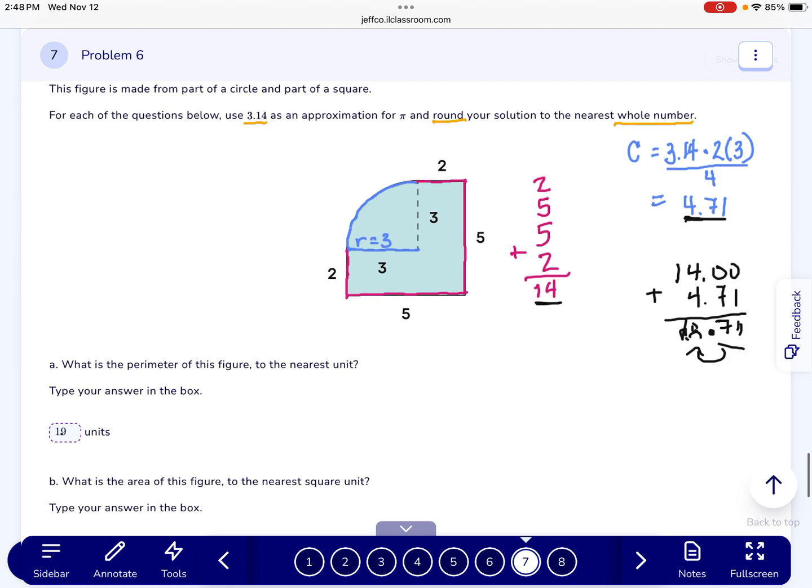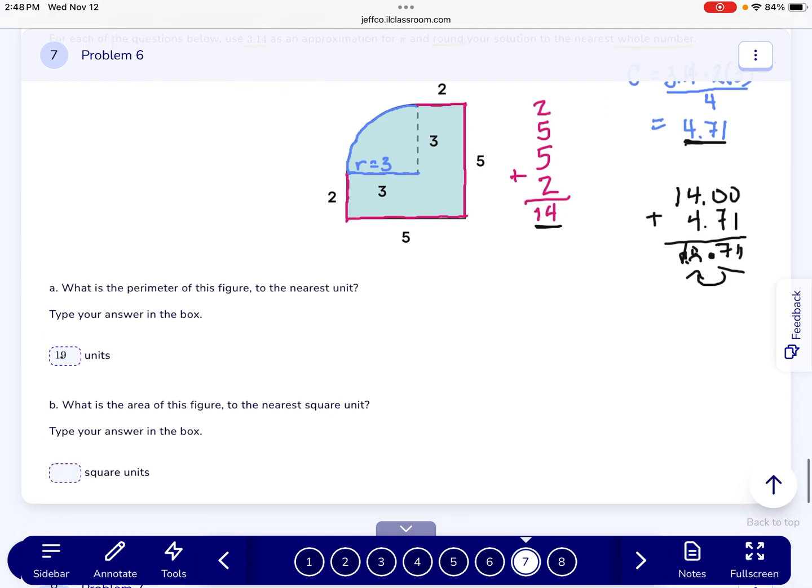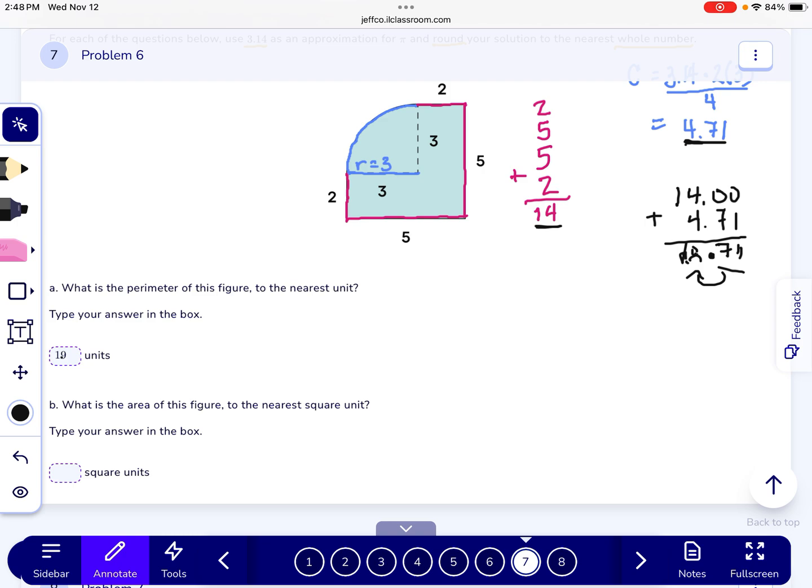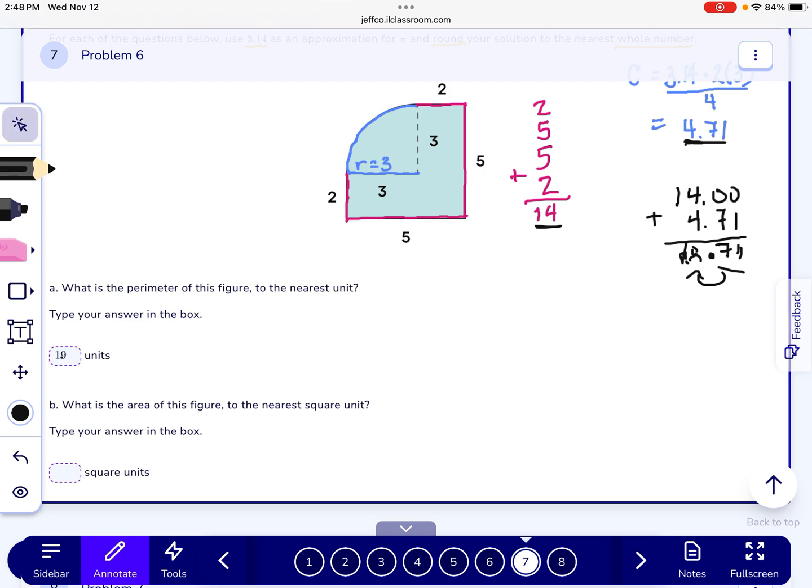Alrighty. Now, what is the area of the figure to the nearest square unit? All right. So now I need to do area. So once again, I'm going to go ahead and do the area of my squarish piece first. Okay, and I'm also going to divvy this up, boom right there.